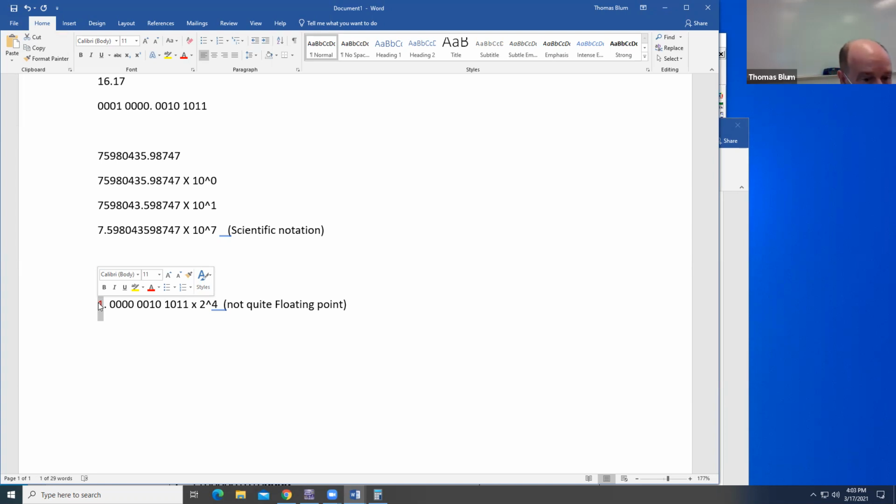We don't need to store the 1 because it's always 1. Don't need to store that first digit. It's always 1. Okay. So that 1, we need to bring it back. When we store, we throw it away. And then when we want to work with it, we bring it back.